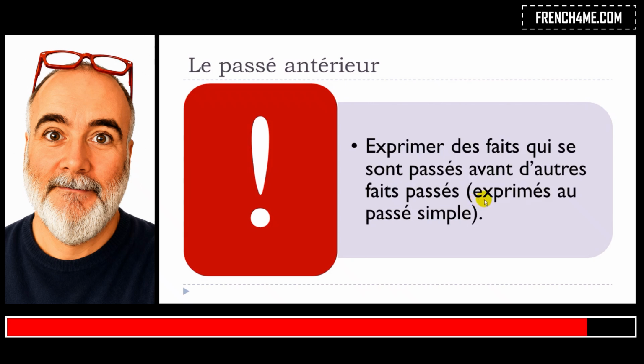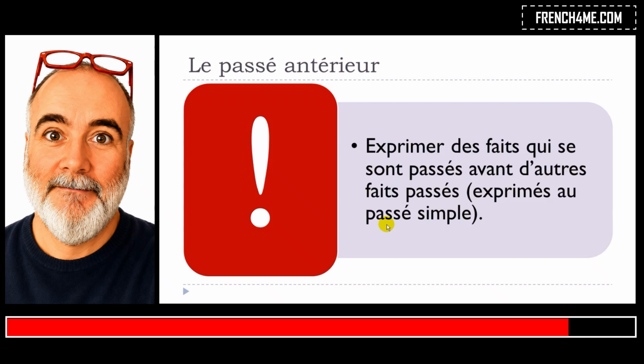Okay, so when you want to express something that happened before another event that happened in the past, then in that case you should use le passé antérieur, but keep in mind that it works in connection to le passé simple.